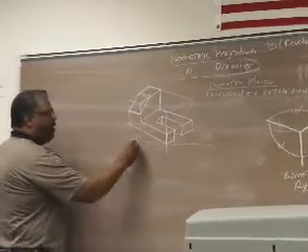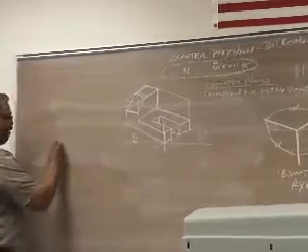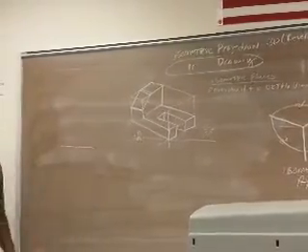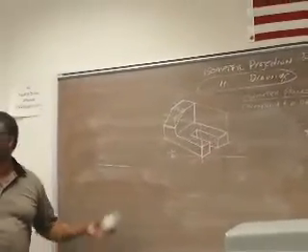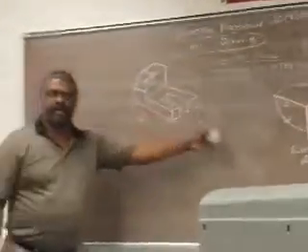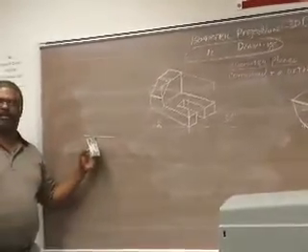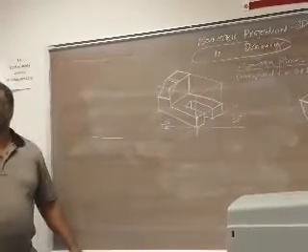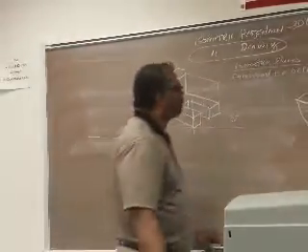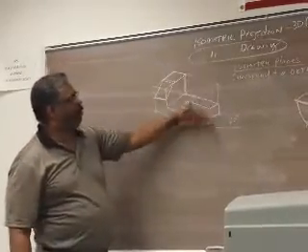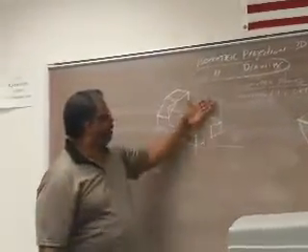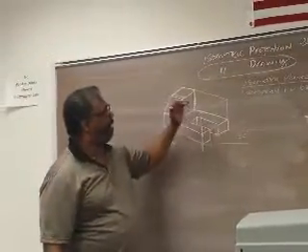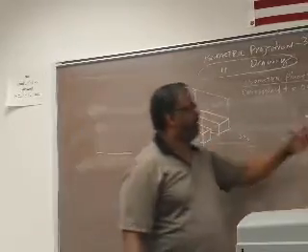So if I have an orthographic view and I construct an isometric drawing, then whatever the length is here is the true length here. Okay? Now, that only is true relative to lines that are on your isometric planes.